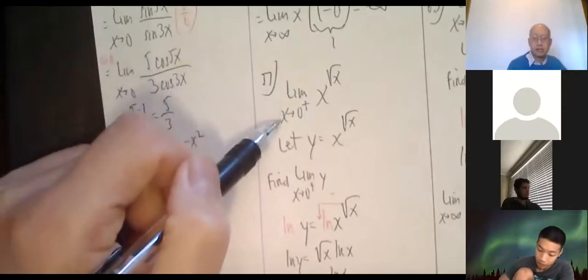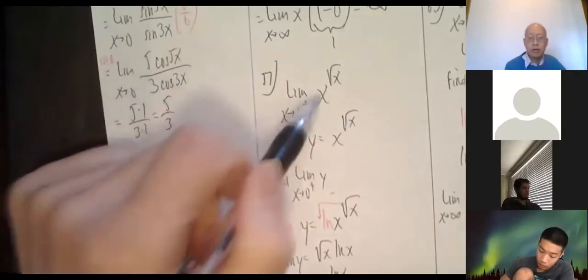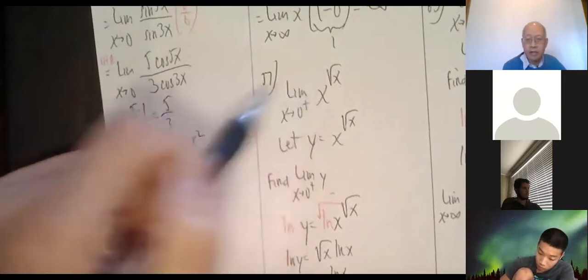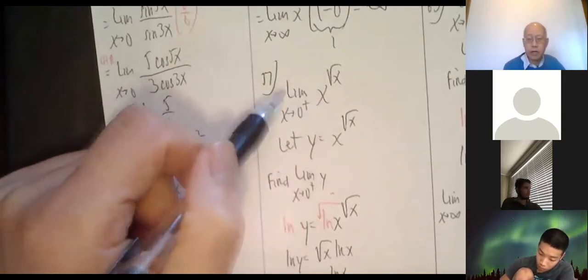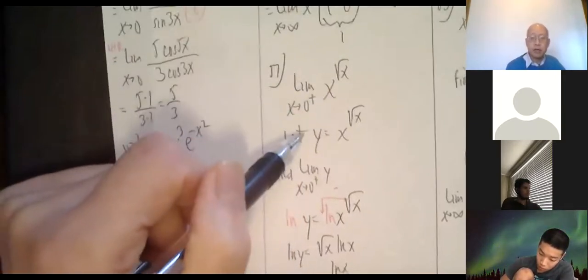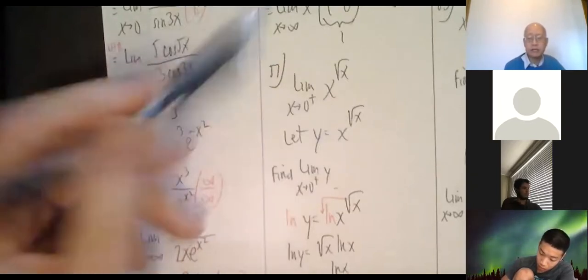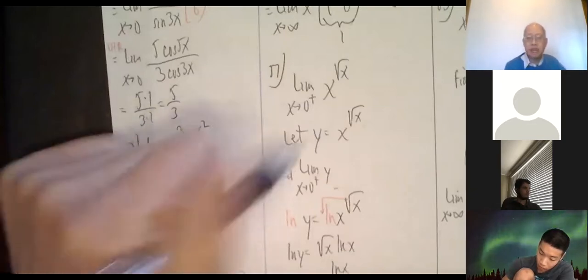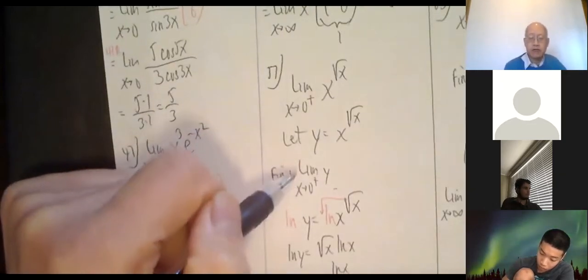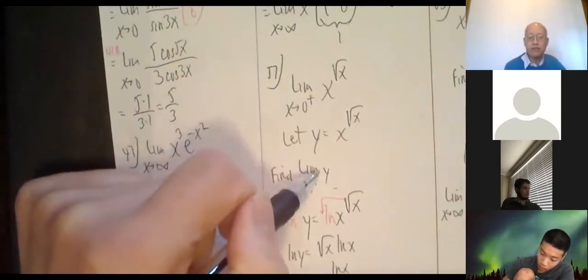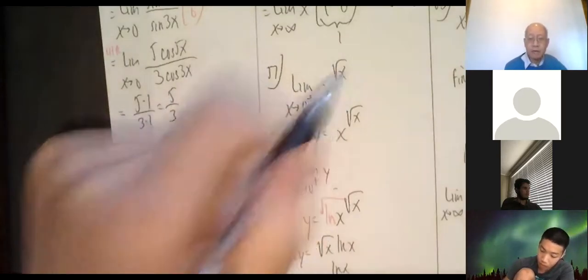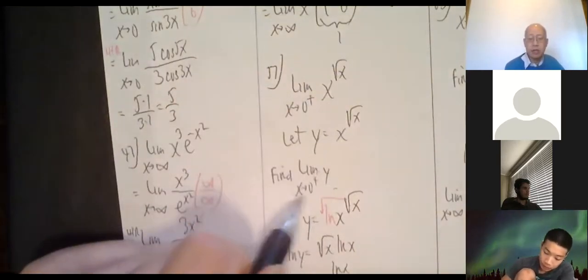Okay, the limit as x goes to 0 from the right of x to the radical x. So how do I do that? Temporarily call this y. y equals x raised to the square root of x, which ultimately means I'm trying to find the limit as x approaches 0 from the right of y, right? I'm looking for that, but if I call that y, this is ultimately what I want.